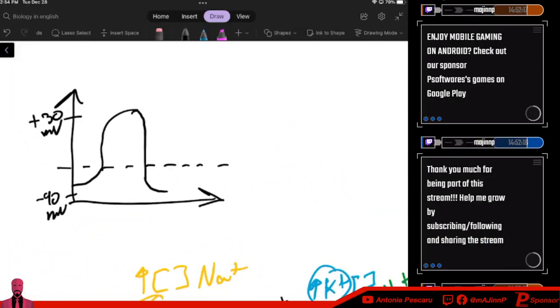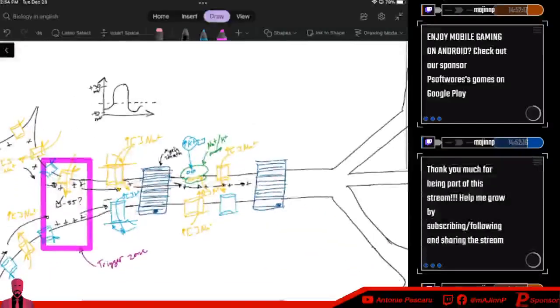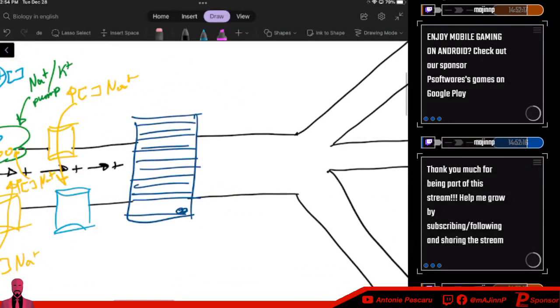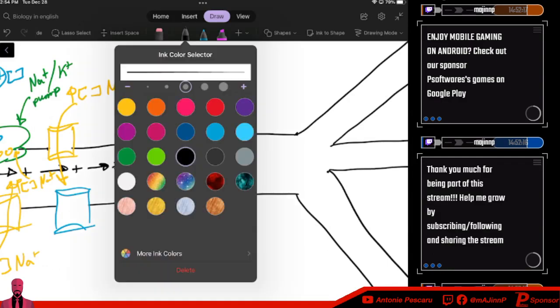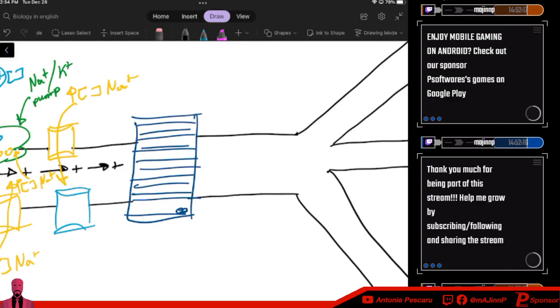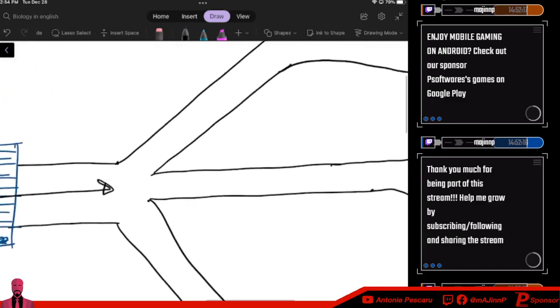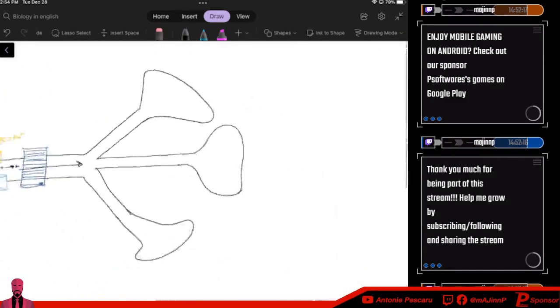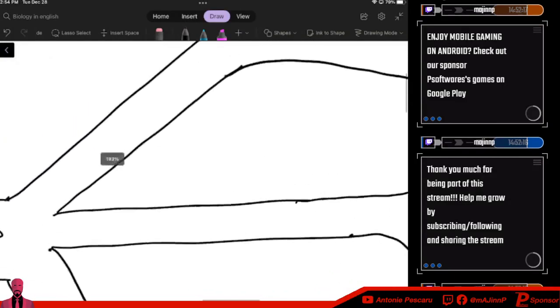And then you're going to have your repolarization. That's what I was talking about. So hopefully you can now better understand the graph. Moving on, the action potential travels again through the myelin sheath, and now let's say it's finally gotten to our synapses.